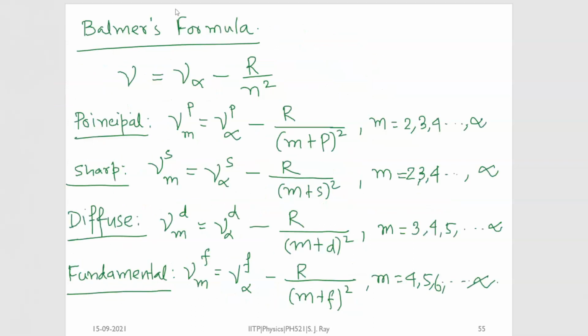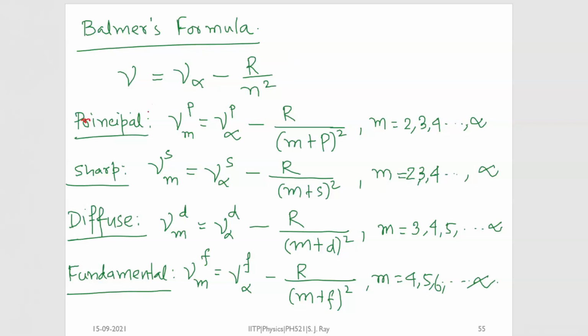And you can use Balmer's formula to calculate the wave number of any of these particular series. The formula says that nu, the wave number of any particular emission spectrum, will be equal to nu infinity minus R divided by n square. So R is the Rydberg constant and n is the quantum number basically.